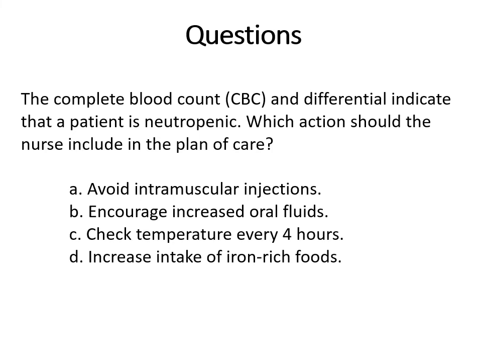So they're neutropenic. What are they most at risk for? What do they need monitoring for? Their temperature, right? We need to monitor their temperature to make sure they're not getting febrile. Because often a patient who's neutropenic and febrile is harboring an infection.